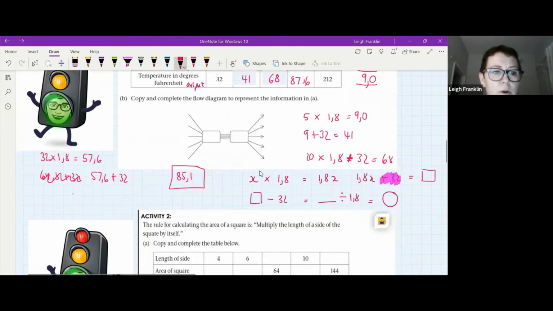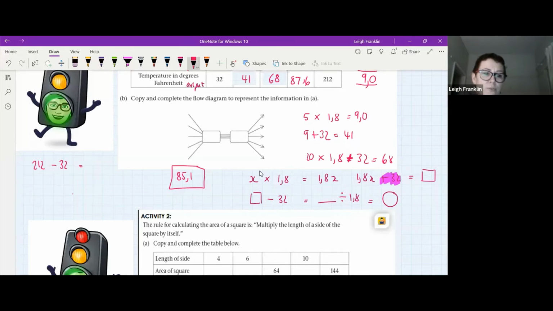So that means I've got to start with 212, and I've got to take away 32 first. When I take away 32 first, I end up with 180.